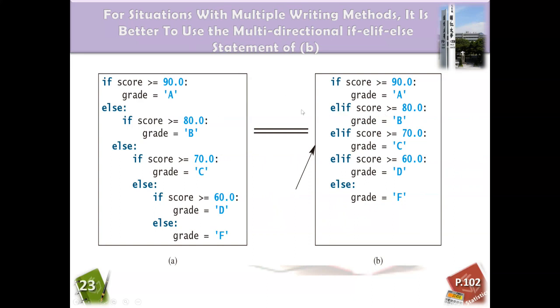The logic is the same, but we will see figure A seems too complicated or easy to make mistakes. But part B is more clear and easy to understand. So the logic is also very clear, but actually the result is the same. So we will try to do that.